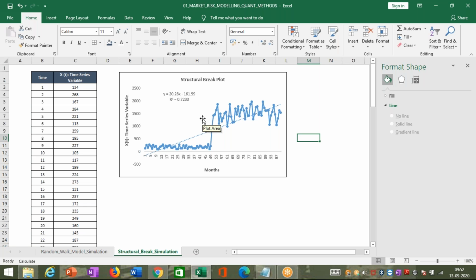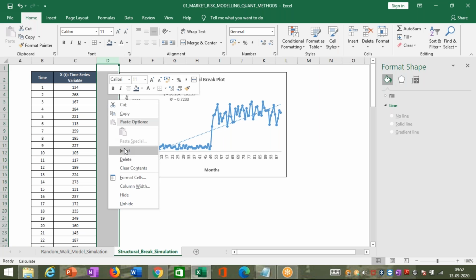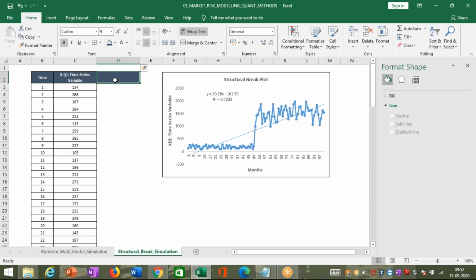So the series that we initially assume is a one lag series. So let me assume an AR1 process or an autoregressive one process. And let's fit a time series to it.